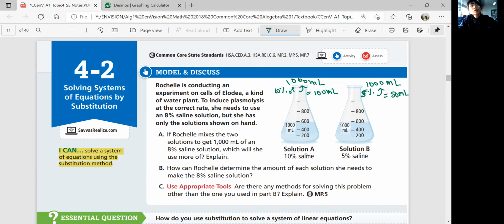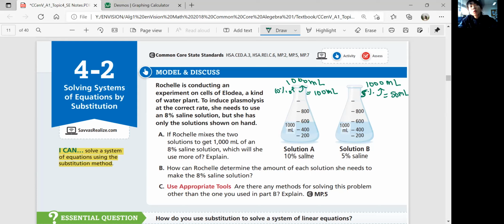So if she mixed the two solutions to get 1,000 milliliters of 8% saline solution, which will she use more of? If she used half and half, 500 milliliters each, it's going to average to exactly halfway between 5% and 10%, 7.5, right?